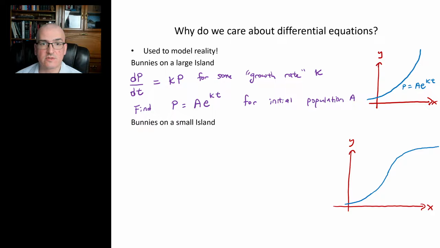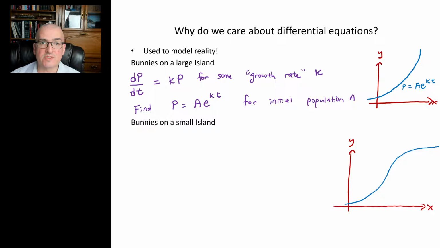So predators, if there's more bunnies and there's anything on the island that can eat bunnies, and more bunnies means more food for those things, and you get these complicated dynamic systems, coupled differential equations, which we're not going to talk about.